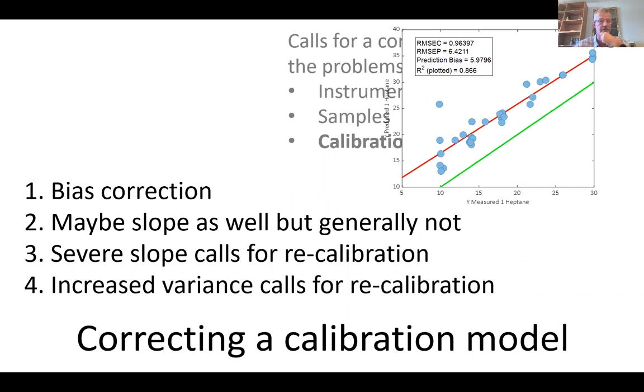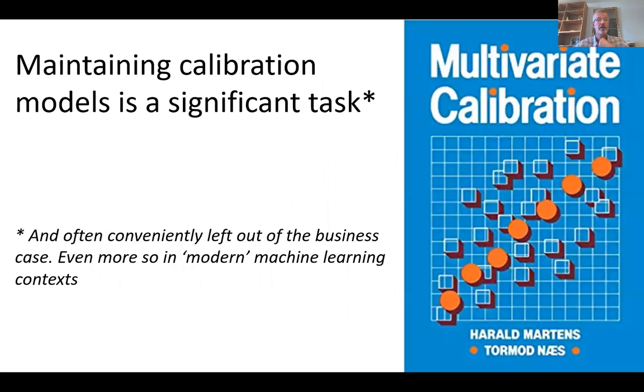What I'm saying here is just to give you an idea about the work needed for doing this, and different areas can have different traditions. But the main thing is that maintaining your calibration models requires a lot of effort and actually a lot of resources. And typically, for example, in the good old days of process analytical technology, when that was introduced, that was typically left out of the business cases when companies were saying that they needed to implement this and that calibration model.